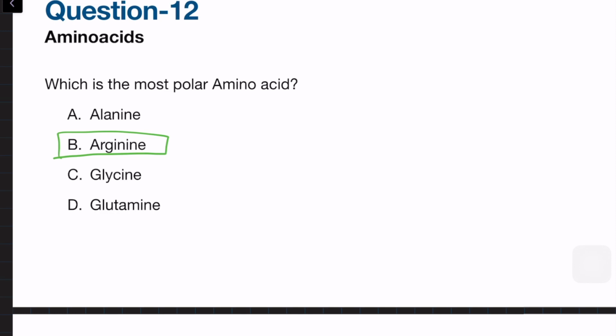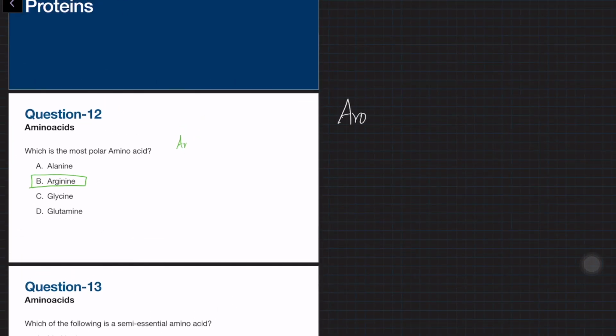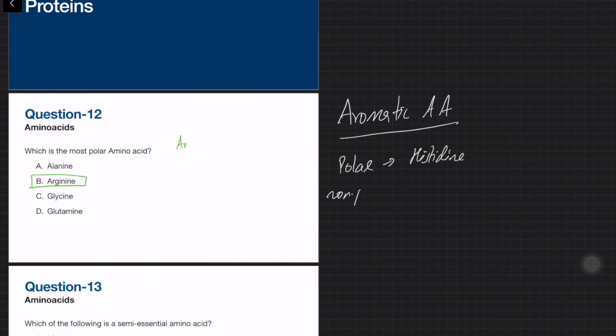And what about among the aromatic amino acids? The most polar one is histidine, and the least polar one is tyrosine.